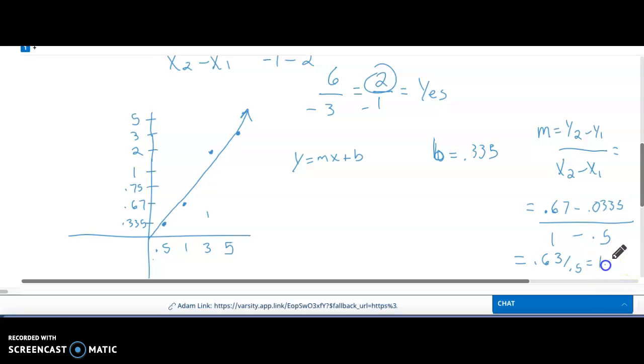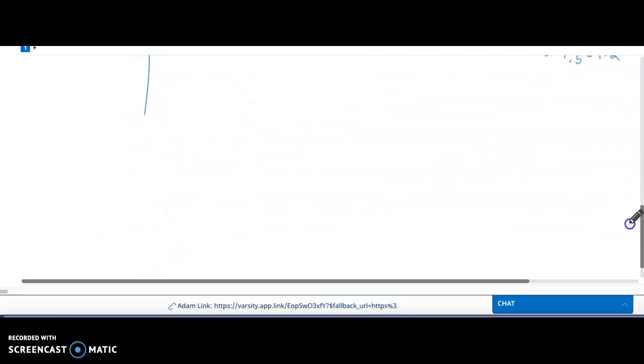So the slope is 1.2. Y equals 1.2x plus 0.335. So that's the equation for that part.